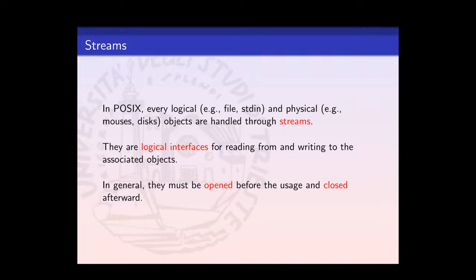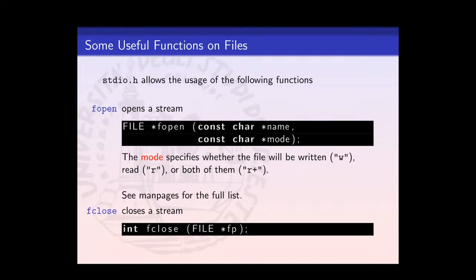Before using a stream, which may be a file, or a keyboard, a webcam, whatever you want, for sure you need to open it. So how can we open a file? To open the file, we can use the function provided by the stdio interface, which is fopen. The fopen function is meant to open a file.